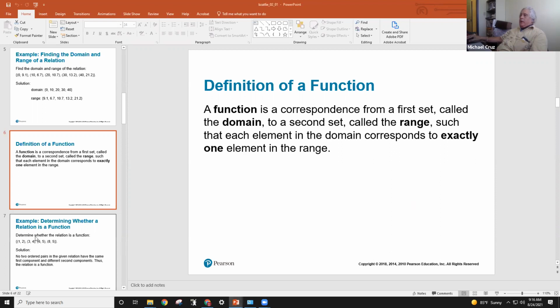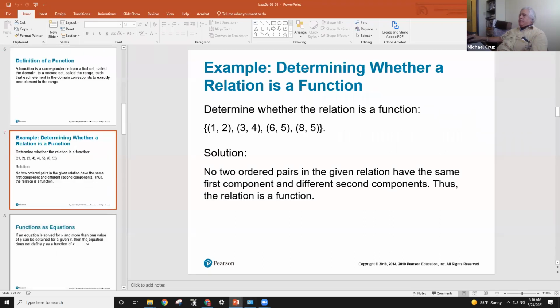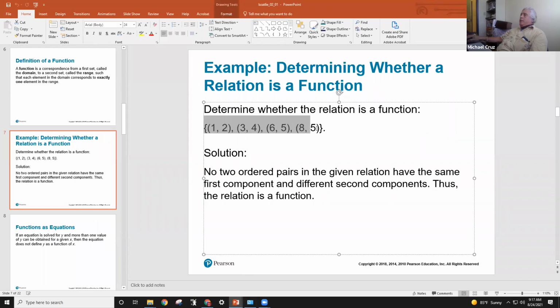So what do I mean by that? Well, here's another example, identified by ordered pairs. You've got 1, 3, 6, and 8. Those are all the domain values.